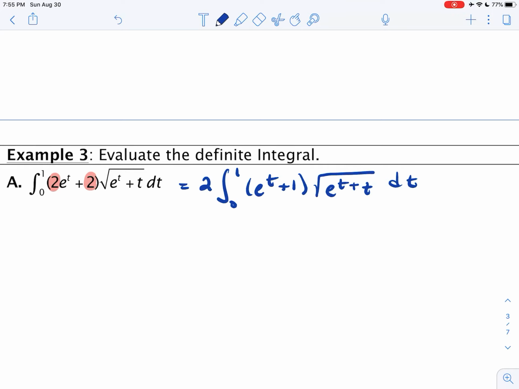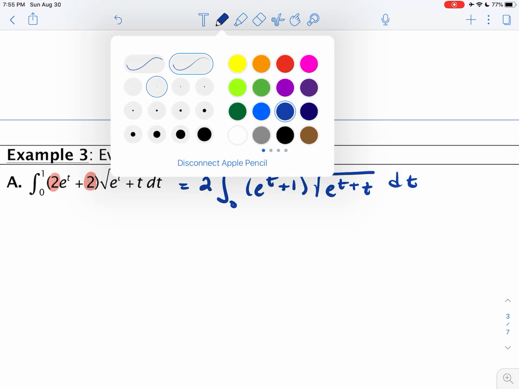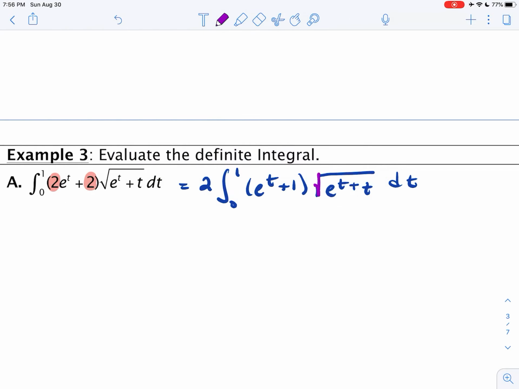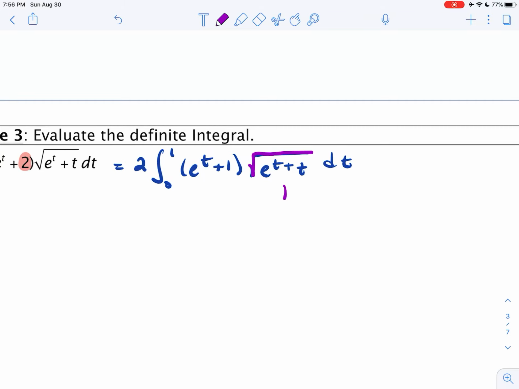I just factored out the 2 from that first product and then put that 2 as a constant outside of my integral because I'm allowed to do that. So I see a grouping symbol, and my grouping symbol here is the square root. So I'm going to go inside, and I'm going to let u equal e to the t plus t.